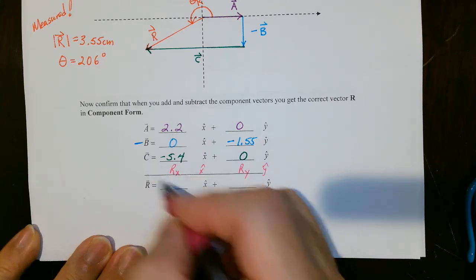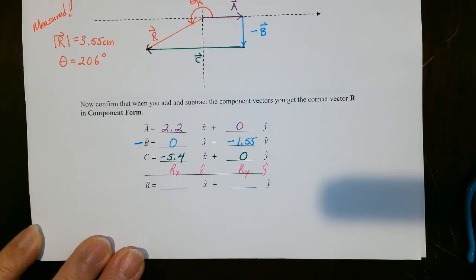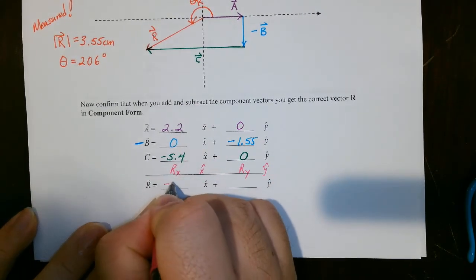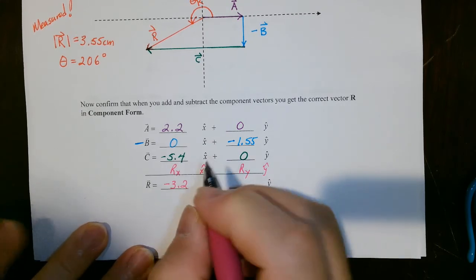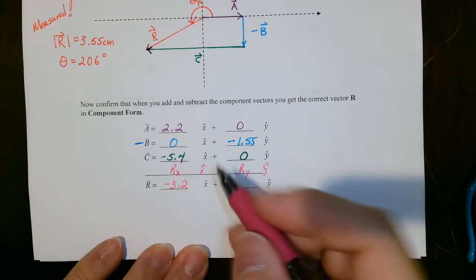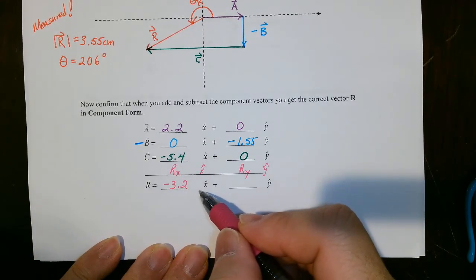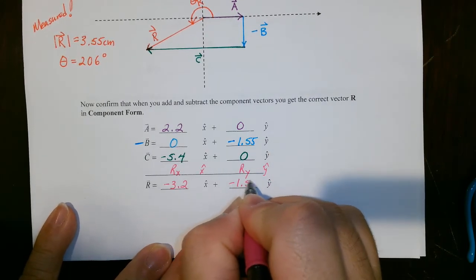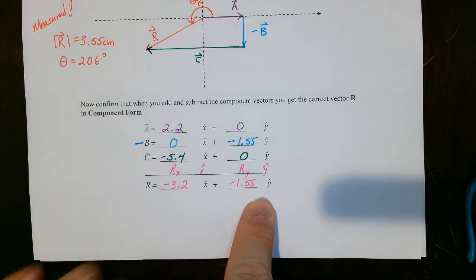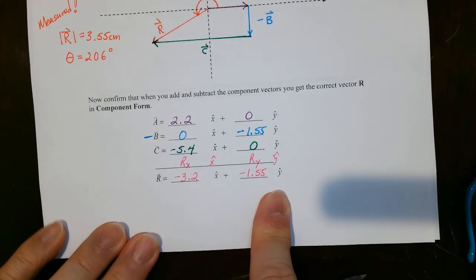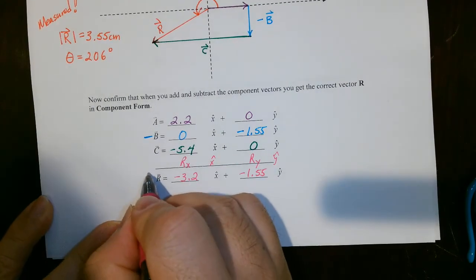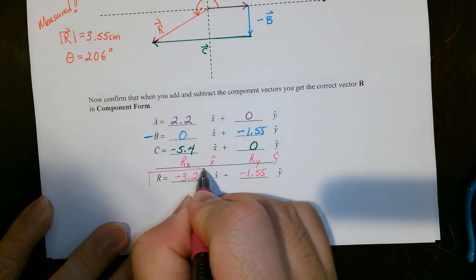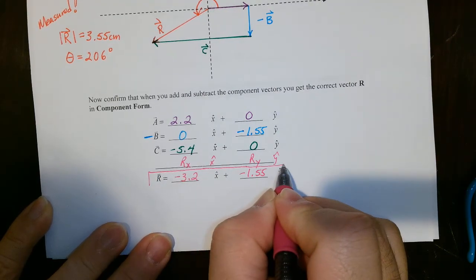So let's add these up, and I get something like negative 3.2 centimeters x hat for my resultant. And for my y, I get negative 1.55 centimeters in the y direction. So this is my Cartesian form already.